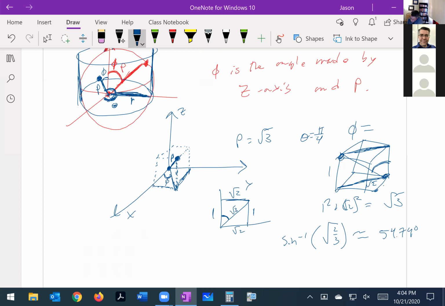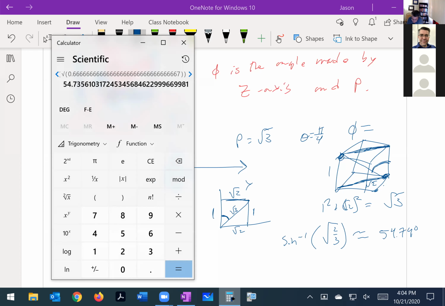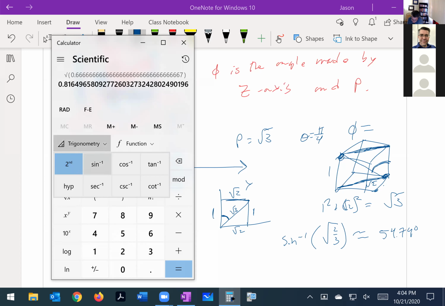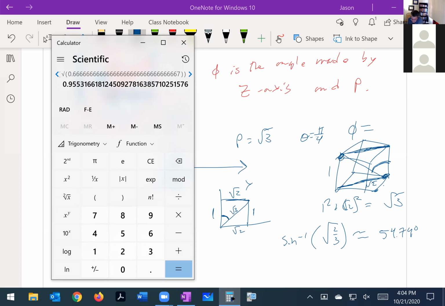That's interesting. If I want it in radians, let's put it in radians. So let's do that again. 2 divided by 3, square root, and then take the inverse sine of that, and that's about 0.955.